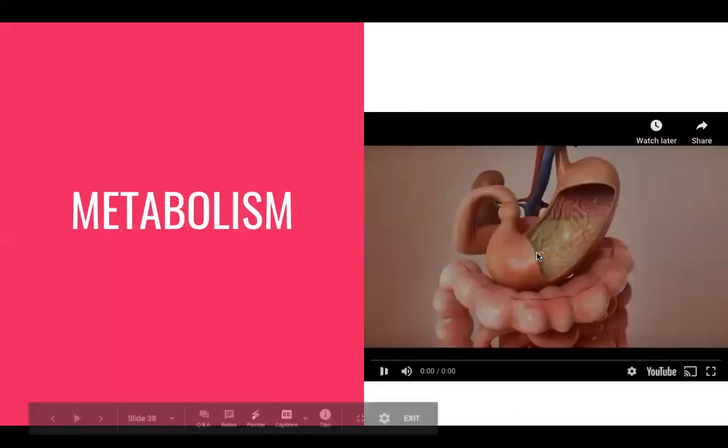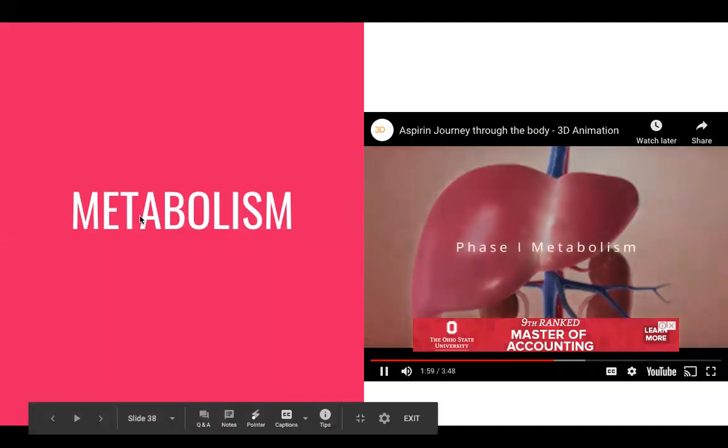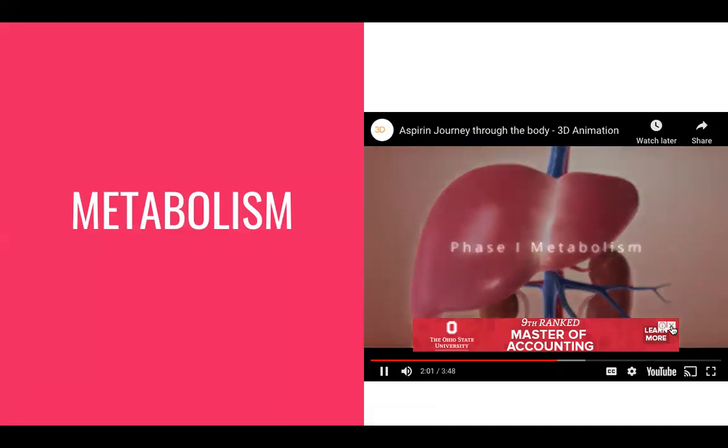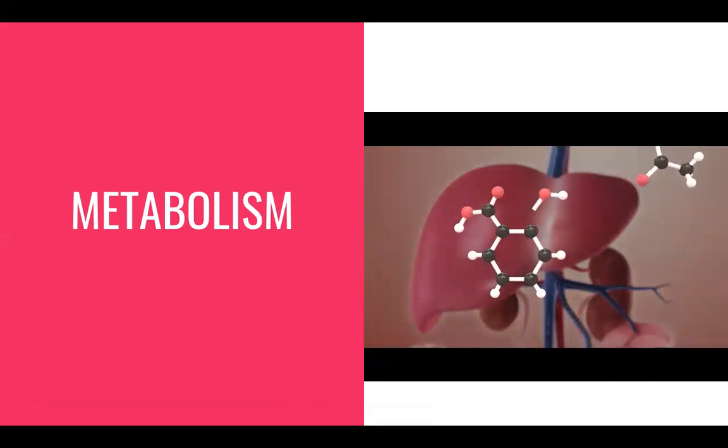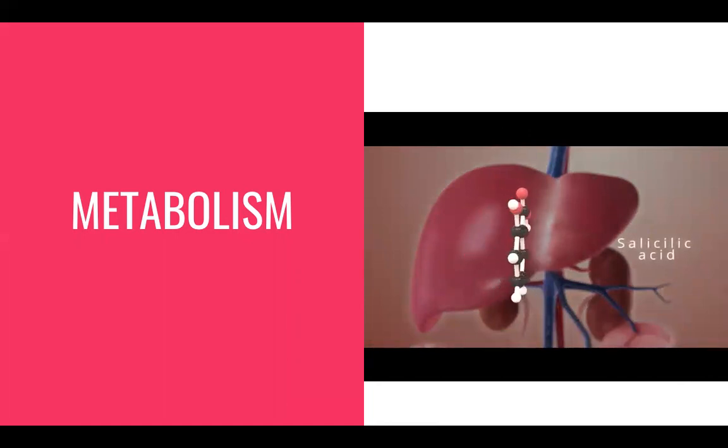Next is metabolism. In a few steps. Phase 1 metabolism. First, aspirin is hydrolyzed, breaking off ethanoic acid and leaving behind salicylic acid. This salicylic acid isn't water-soluble, so it can't be excreted in urine yet. Phase 2 metabolism.